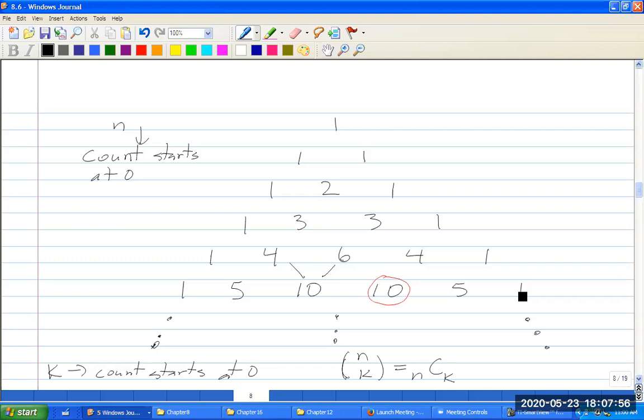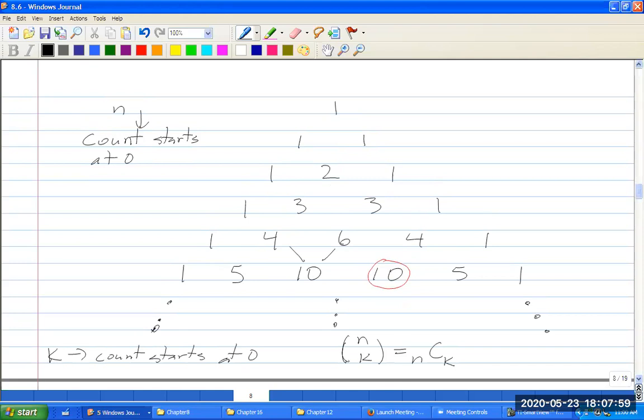Now, it turns out that if you start counting at 0, so this is 0, 1, 2, 3, 4, 5, counting down the number of rows, and then go over this way for the k, starting at 0, so 0, 1, 2, 3, 4, 5, then this will give you the binomial coefficient n choose k. nCk is just part of Pascal's triangle.